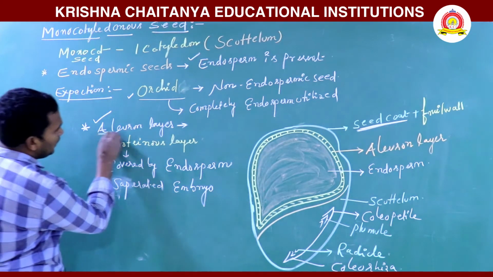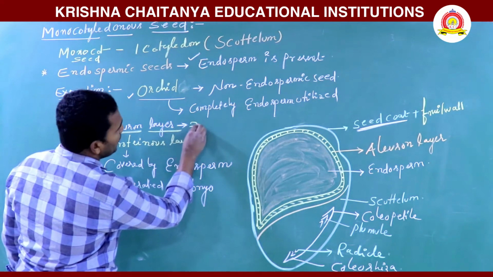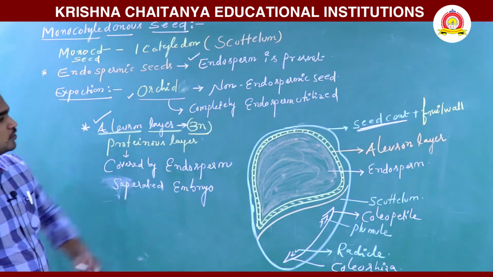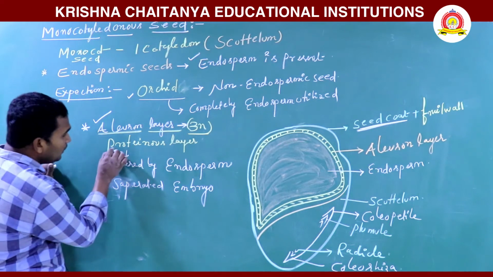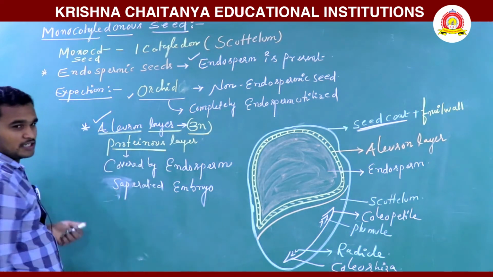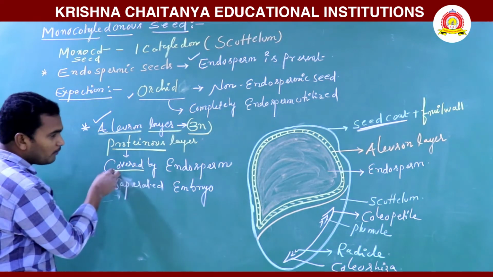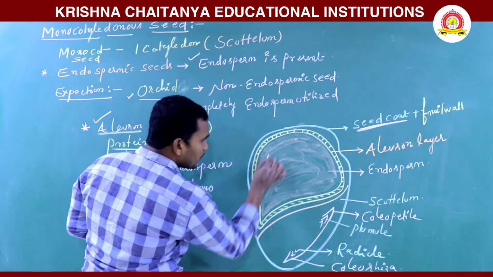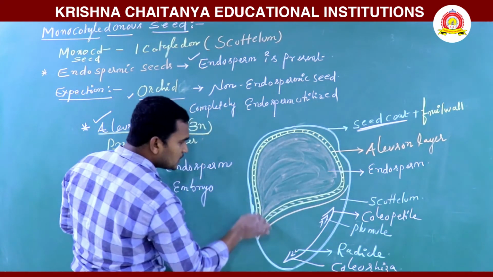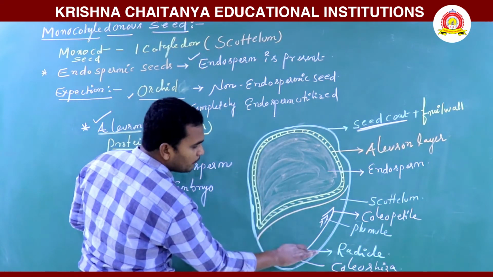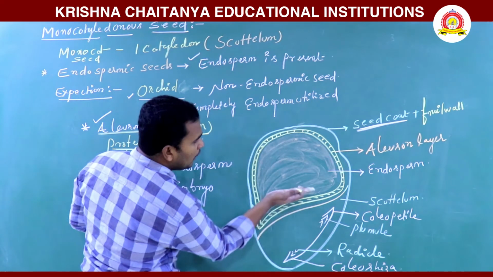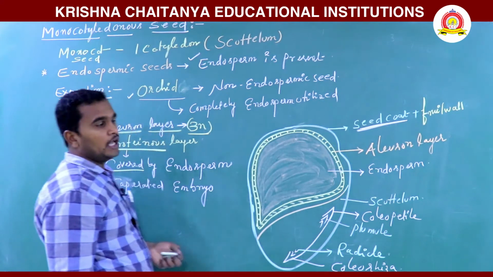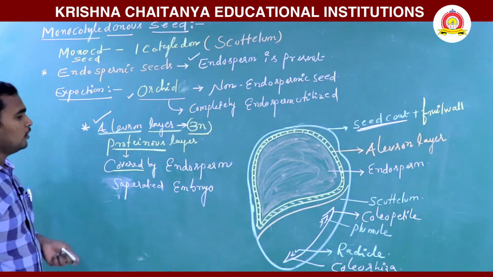This aleurone layer is triploid, a resultant of triple fusion. It is surrounded by the endosperm. It is made up of protein, and the endosperm is covered by this proteinaceous layer, which separates the embryo and endosperm. It is also known as the protein layer.